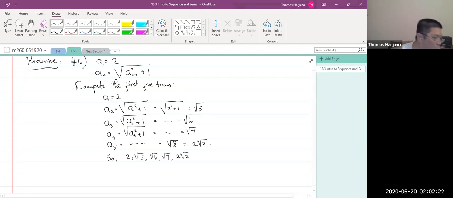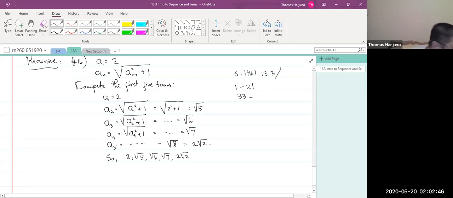Now I hope you see that what happened in this section is really the introduction into notation. So for suggested homework, I don't need you to do a lot. In 13.3, I would like you to do number 1 to number 21, and then 33 to number 61, but just do every other odd.